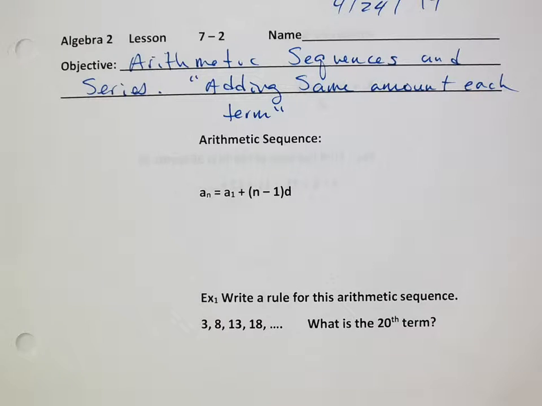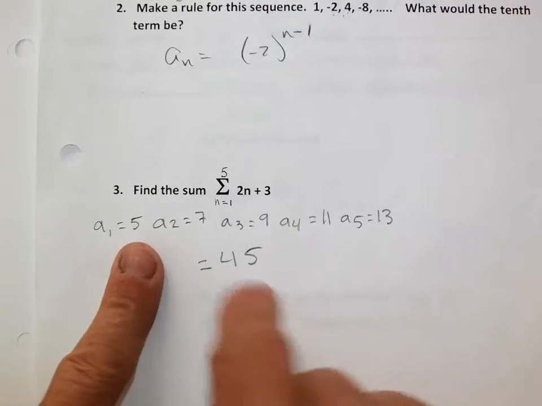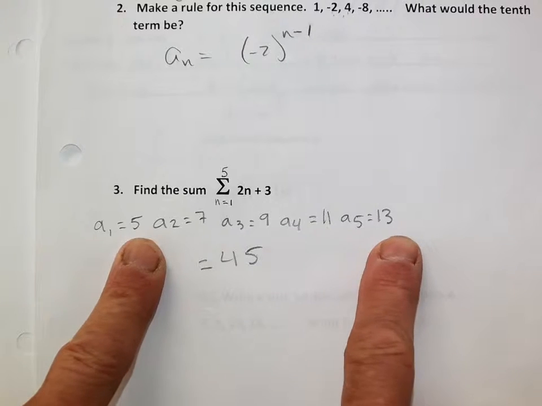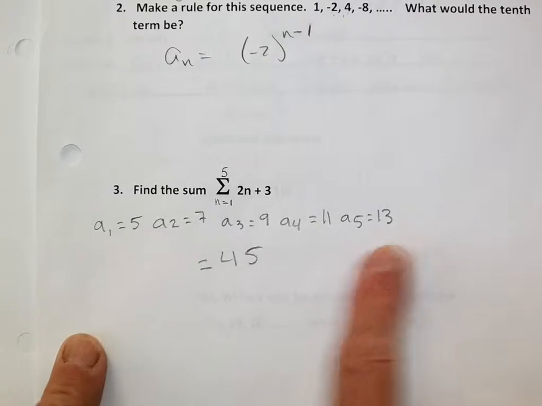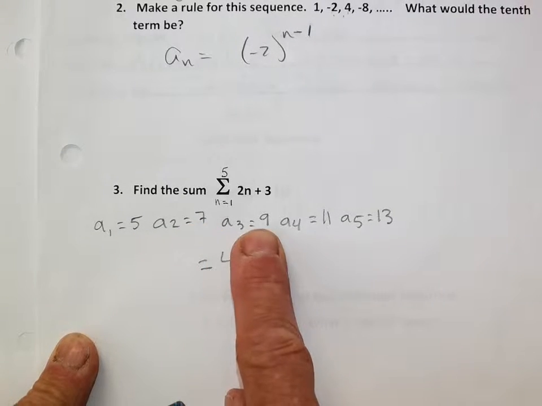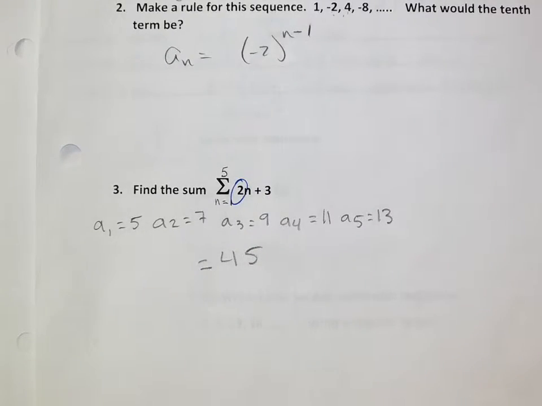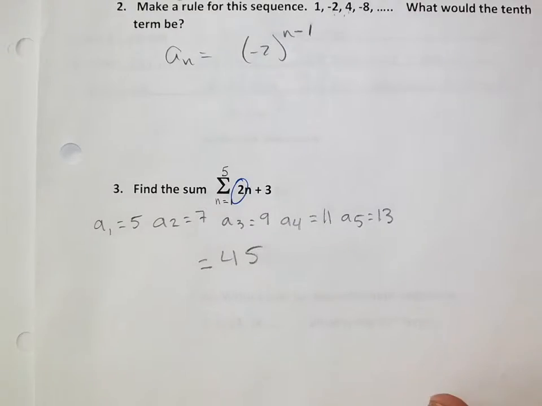An example, from our warm-up: 5, 7, 9, 11, 13. That's arithmetic because we're adding 2 each time, aren't we? And lo and behold, the 2 winds up in the formula. We're going to see that today, how the 2 winds up in the formula, okay?